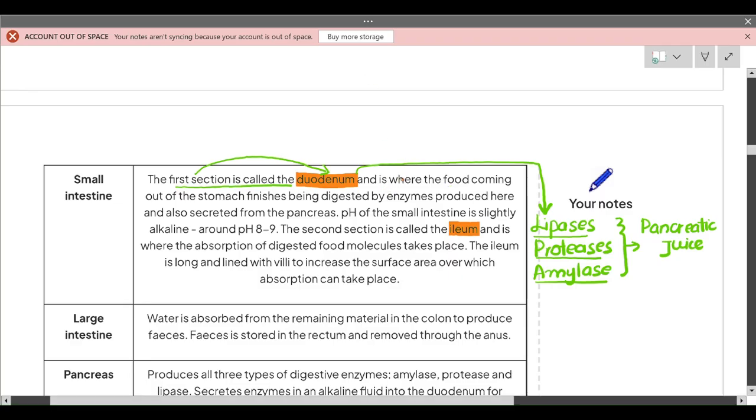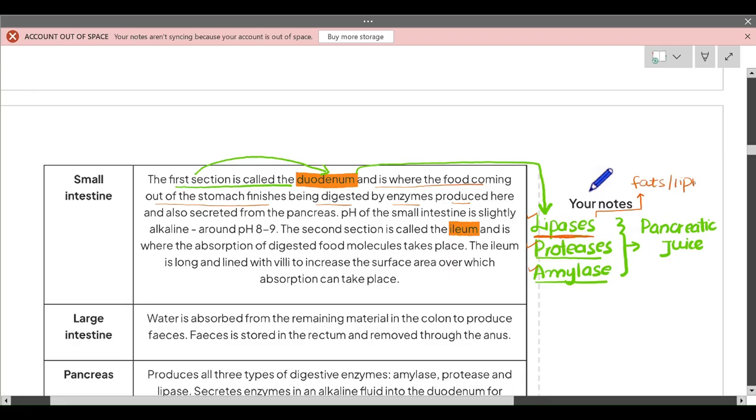As you can see here, the duodenum is where the food coming out of the stomach finishes being digested by the enzymes produced here. These are lipases, proteases, and amylases. Can you please answer which food component will be digested by lipases? Yes, the fats, or you can say lipids.